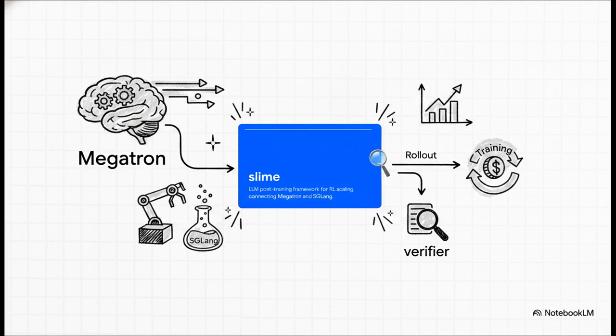So, the absolutely crucial takeaway here is that Slime is an opinionated framework. It enforces a very specific design where training and rollout actually reinforce each other, rather than acting as these disjointed, battling systems. Literally everything, custom data generation, reward computation, verifier feedback, it all flows through one unified path.